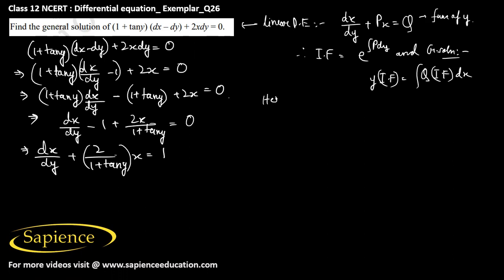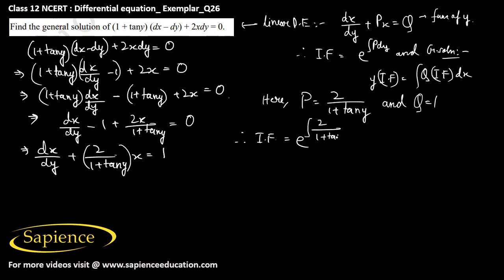So here the function P is 2/(1 + tan y), and the function Q is nothing but 1. Therefore, we have to find the integrating factor, which equals e to the power integral P dy.